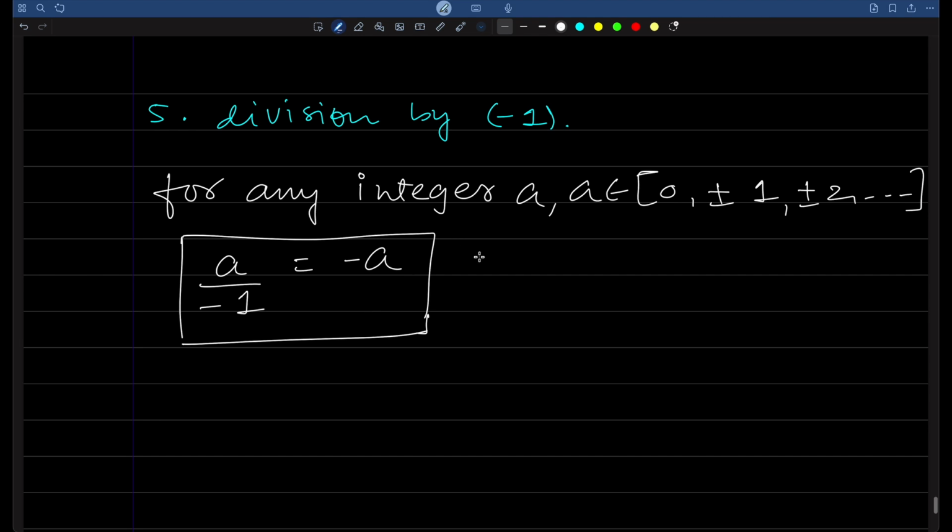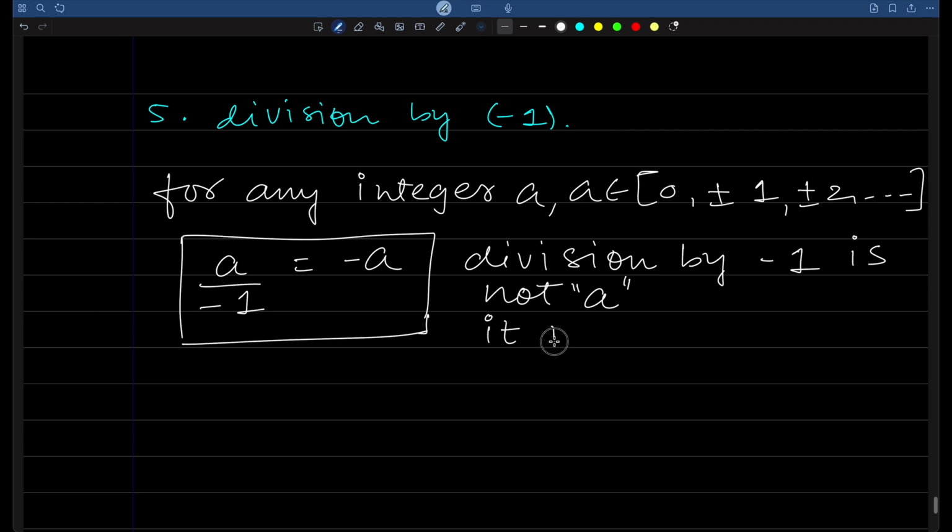We can say that division by minus 1 is not a, or we can say it is negation of a.